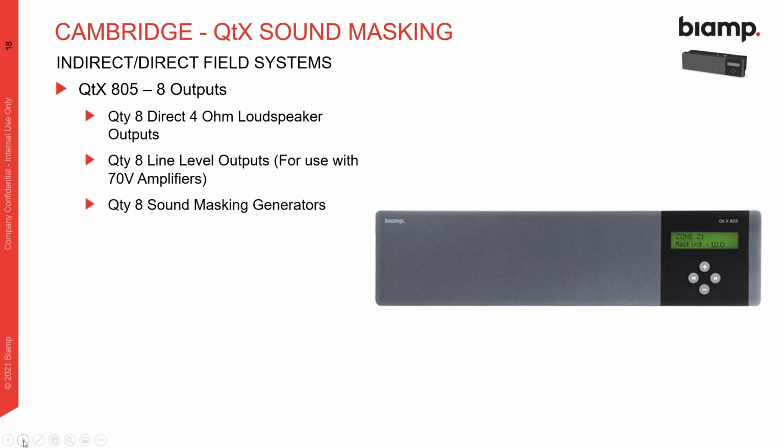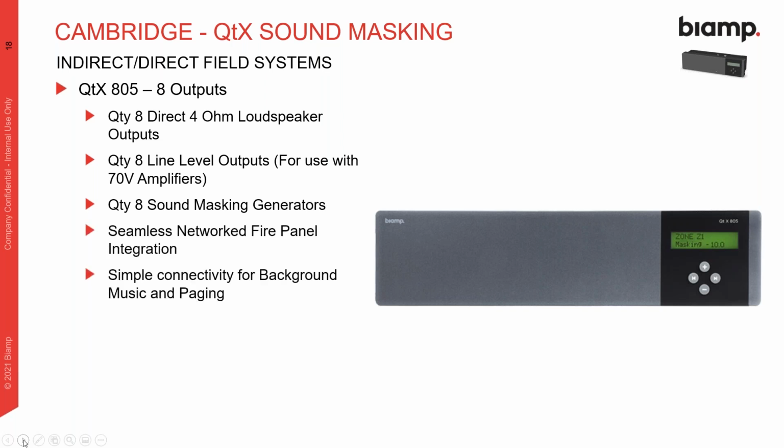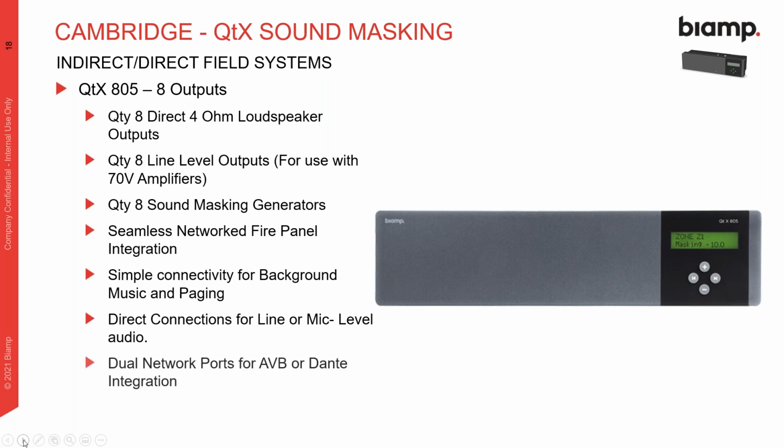You can actually have 8 different generators doing different zones if needed for different types of infrastructure and architecture. Again, fire panel integration, music, background paging, direct connections for mic and line level audio, and network ports for AVB and Dante, and privacy sign capability, just like the QTX 300 and 600.